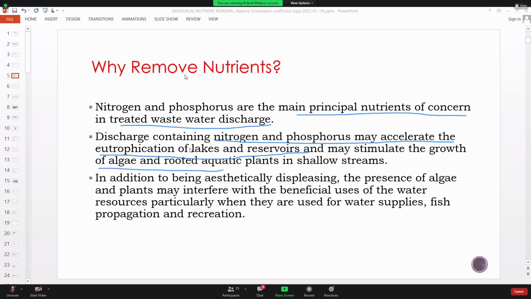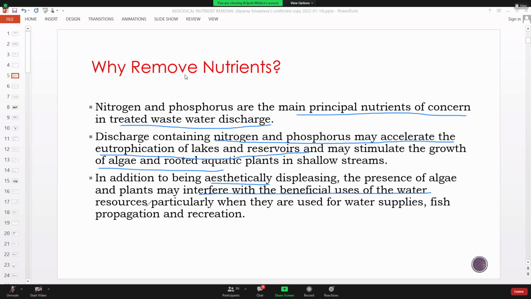What additional problems come? It is aesthetically displeasing once eutrophication occurs. The presence of algae and plants may interfere with the beneficial use of water. You cannot use it for recreational purposes and other things.